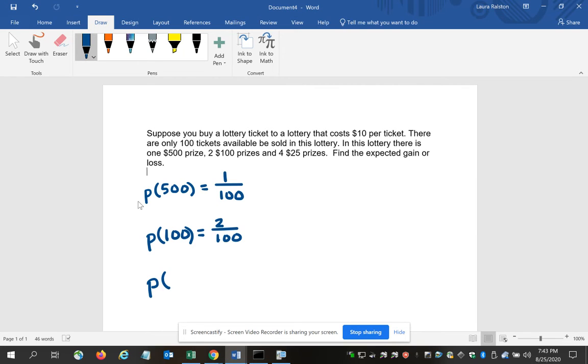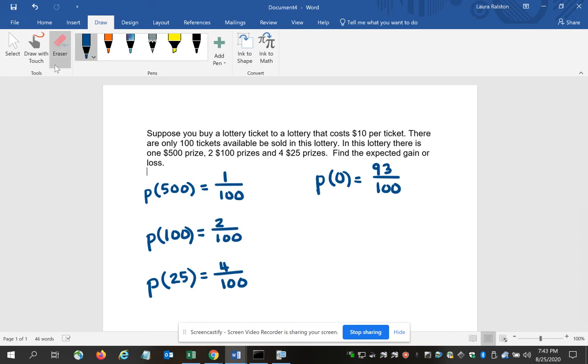The probability of winning $25 is 4 out of 100. And then the probability that you don't make anything, that you basically lose, is 93 out of 100. You have 4, 5, 6, 7 tickets that could be winning out of the 100, so that leaves 93 that would be losing tickets.